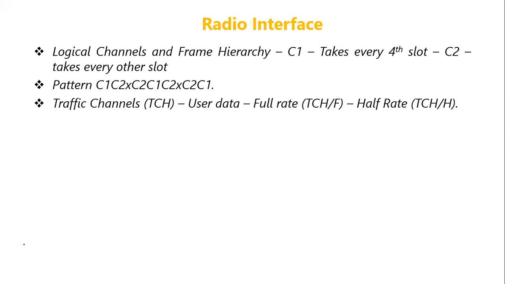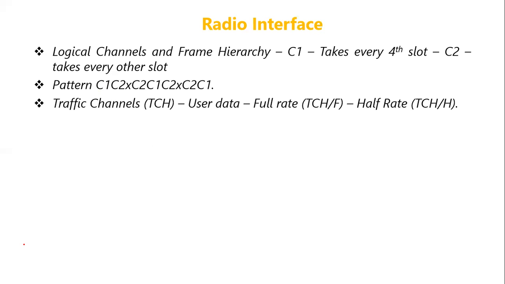There are two basic categories of TCH defined. One is full rate TCH, which is called TCH/F, and the other one is half rate TCH, which is also called TCH/H.